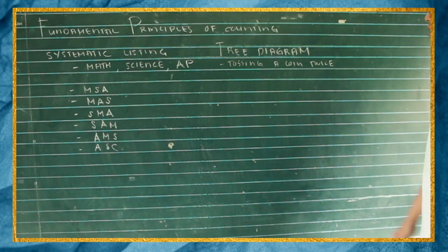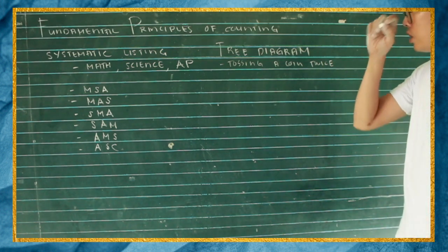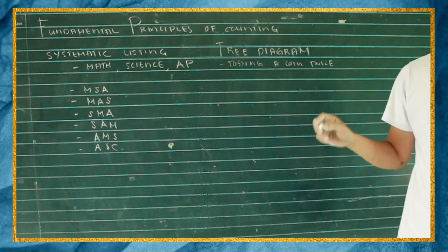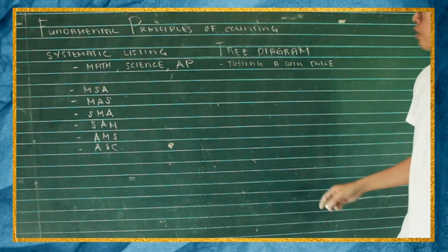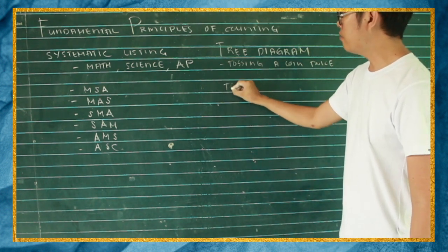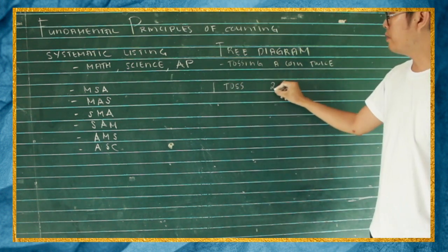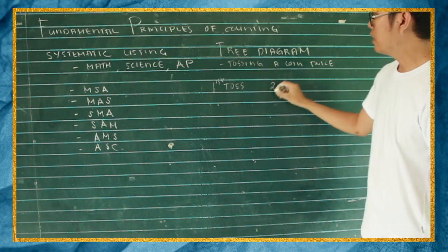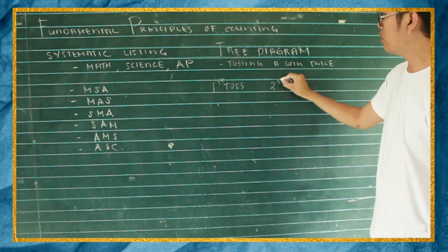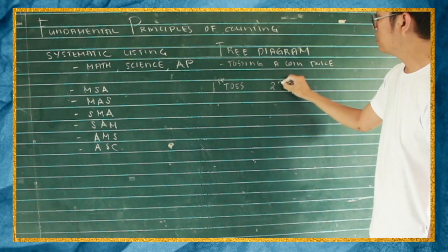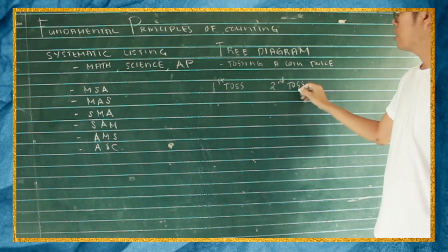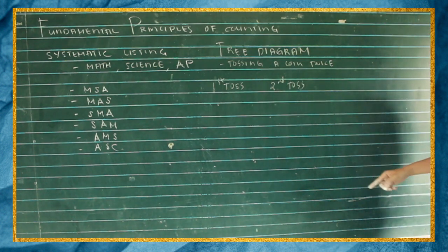Tossing a coin twice. So what are all the possible outcomes? For example, you have here the first toss, and you have here the second toss.